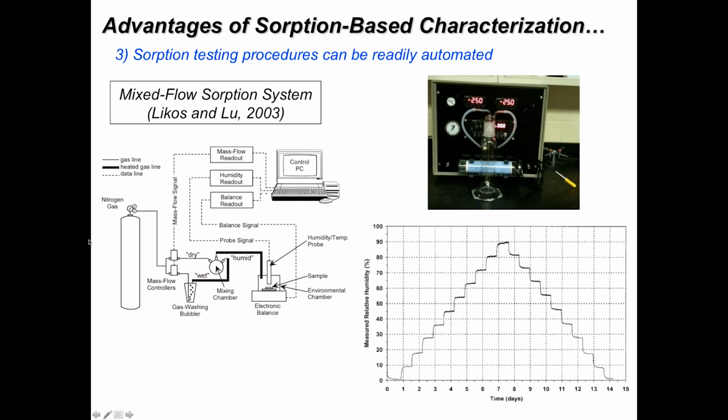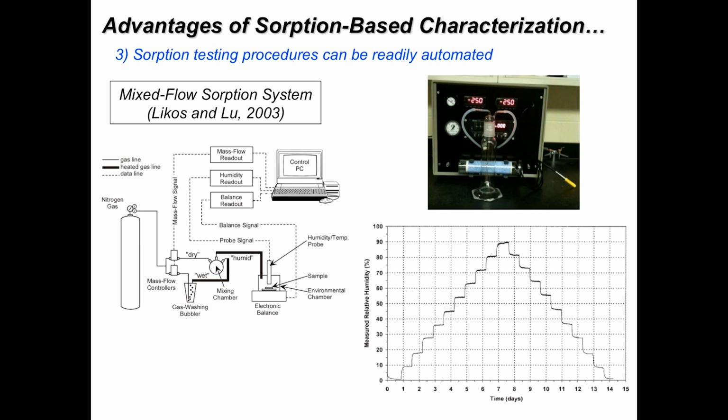And so we had an air canister that was split into two separate gas streams using these mass flow controllers. One of those gas streams was bubbled through water to create pretty close to a saturated gas stream, maybe about 95% relative humidity.